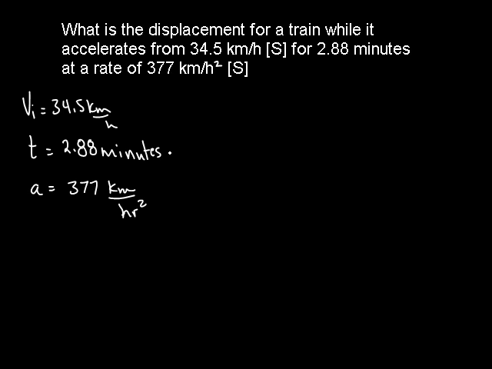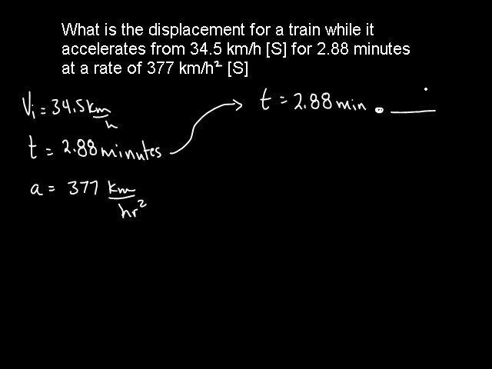Okay, so let's deal with this guy here and convert that to hours. So 2.88 minutes to hours. So here's a general conversion here. 2.88 minutes. And I need to multiply that by something to get it to hours.